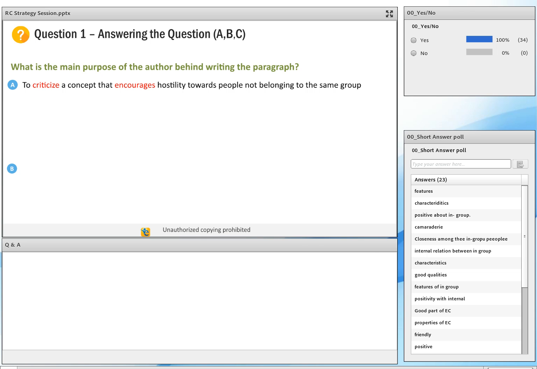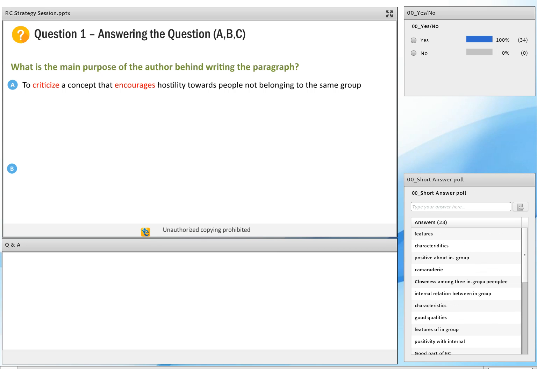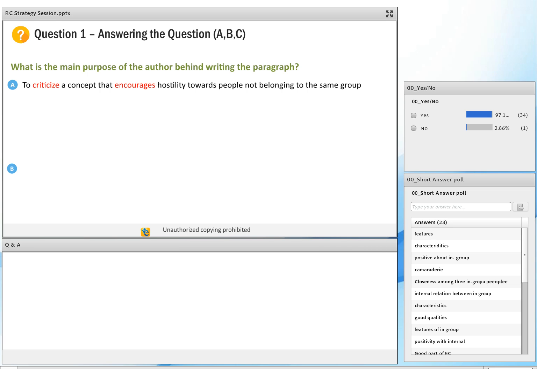To criticize a concept that encourages hostility towards people not belonging to the same group. Now here, in my summary, there was nothing about criticism. Was there anything about criticism in my summary? Yes or no? Absolutely not.